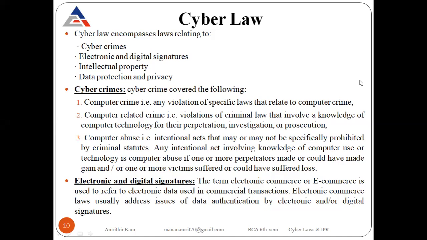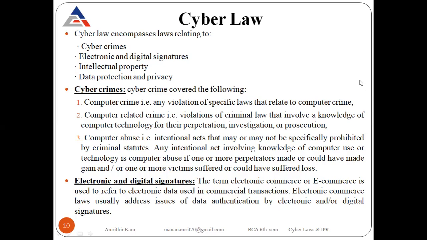So an electronic transaction will be used. So e-commerce means electronic commerce, online trade of goods and services. So in electronic commerce, electronic data is used, so it will be used by an authenticated user. So that is covered under electronic and digital signature law.